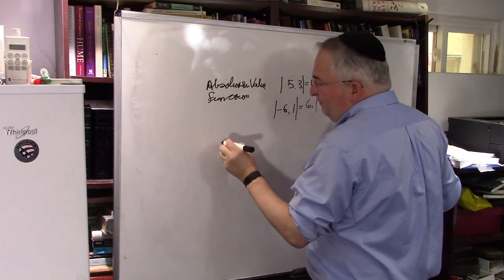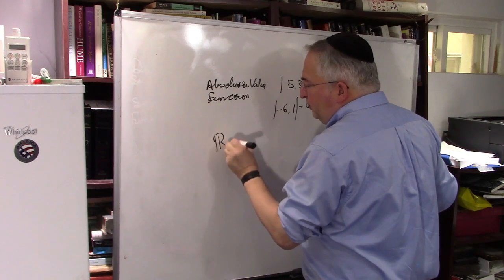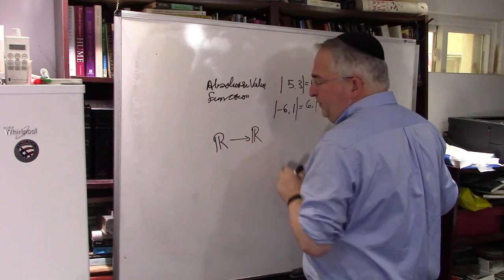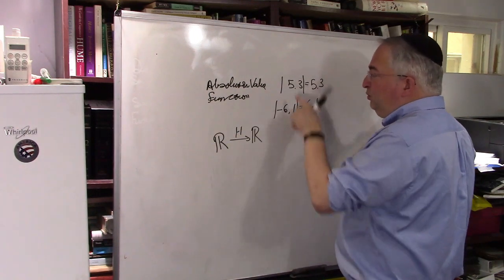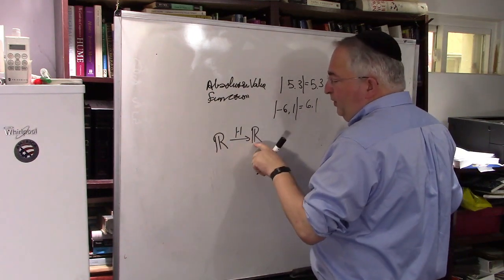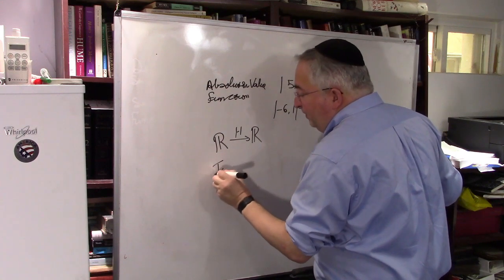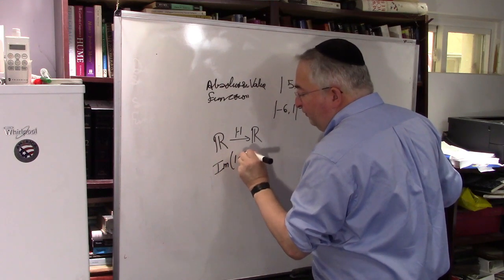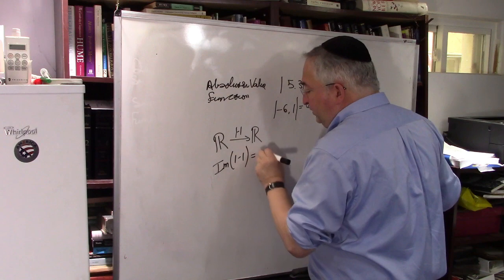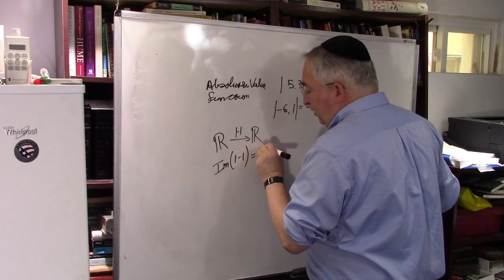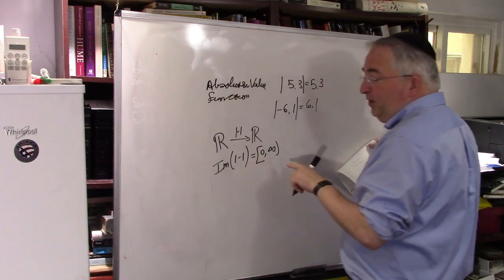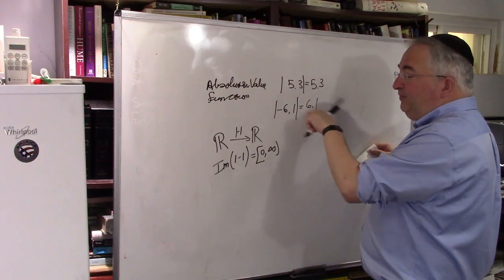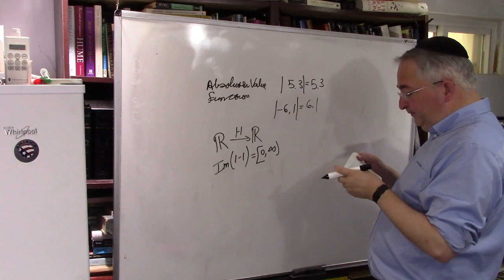So this is a function from the real numbers to the real numbers. And we write it like this with the 2 bars. It takes a real number, outputs a real number, but the image of this absolute value function is the interval from 0 to infinity. Positive numbers. Only non-negative numbers can come out of this function.